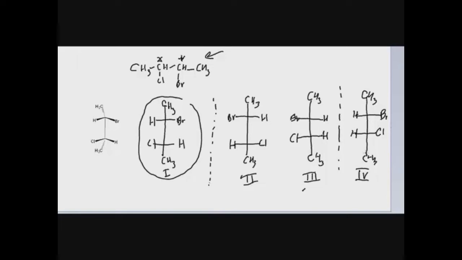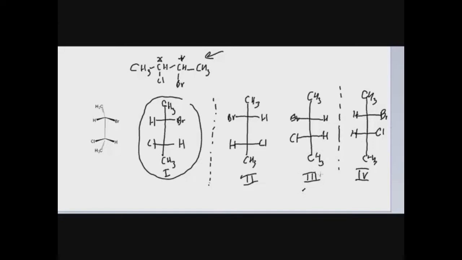All right. Now, let's ask some key questions here, though. We have 2 pairs of enantiomers. 1 and 2 are an enantiomeric pair. 3 and 4 are an enantiomeric pair. 2 pairs of enantiomers.